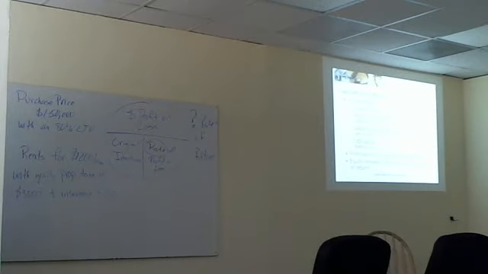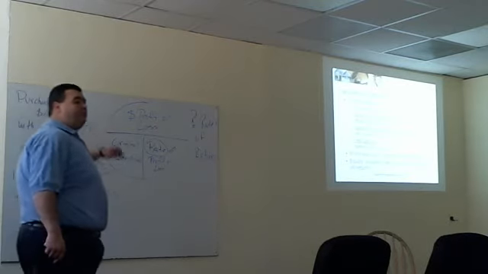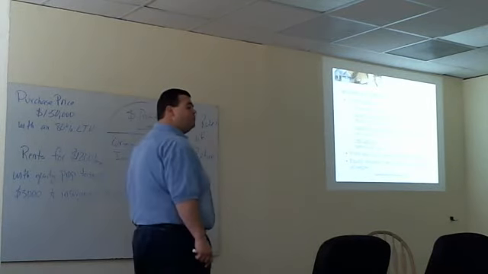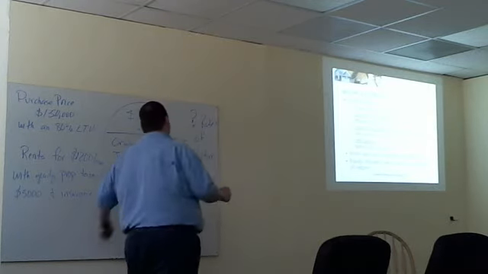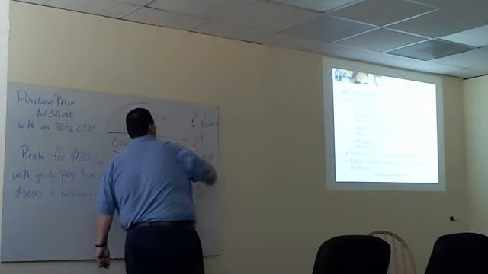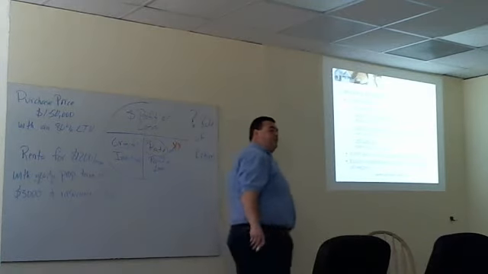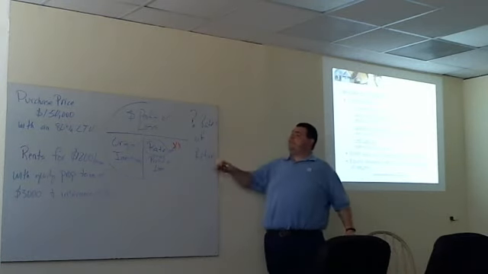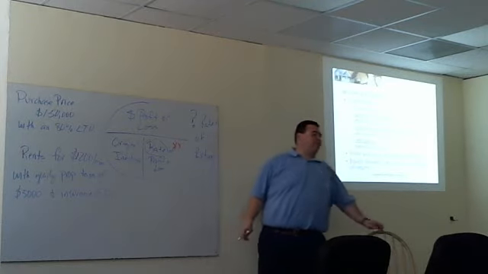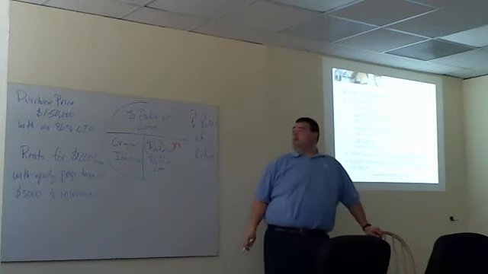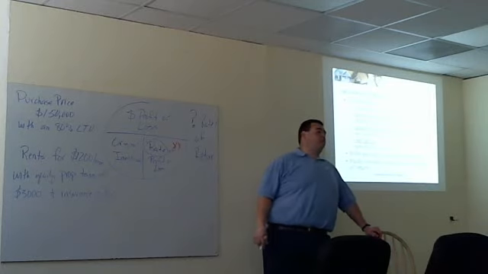Rate of return sounds like which one of those things in that T-bar? Rate of profit or loss, right? So this is what they're asking us for. The T-bar tells me I need to divide my dollar profit or loss by my original investment. So let's figure those out.